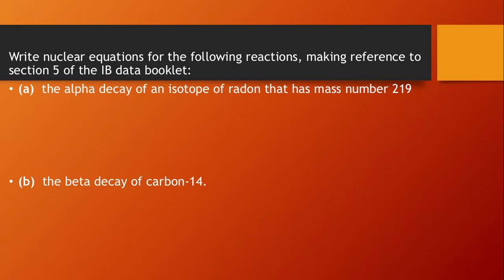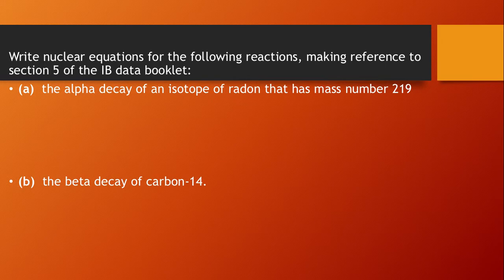Now, it says to do alpha decay. So check back to what alpha decay means, and you will see that it is 4,2 alpha or 4,2 He. That is the particle, the radiation that is emitted.